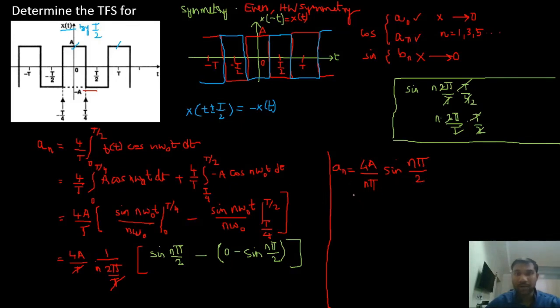Now I have to write the given function x of t in terms of the trigonometric Fourier series. What was the formula for x of t?